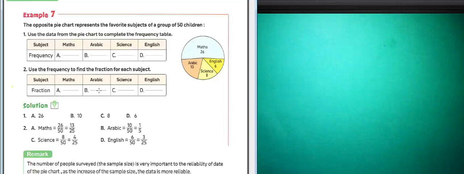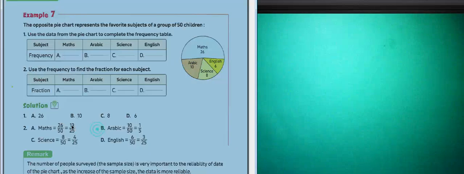Use the frequency to find the fraction for each subject. First, math was 26 over the total number 50. 26 over 50 will be 13 over 25 by dividing the numerator and denominator by 2.